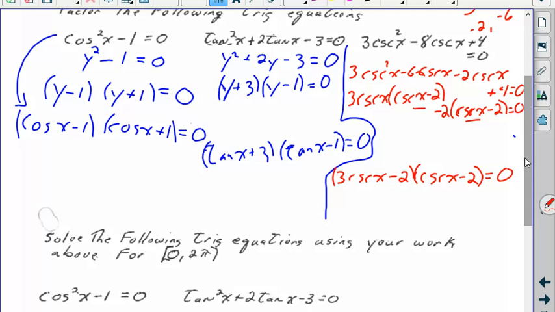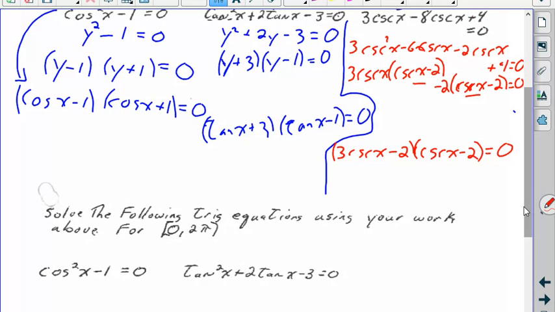So factoring second degree trig equations, we do exactly the same thing as we do with second degree polynomials. I could apply this to a third degree or a fourth degree trig equation. I would ask you to do exactly what we did for third degree and fourth degree polynomials. Now, the next step, if I was asking you to solve this second degree polynomial, we've got it factored out.